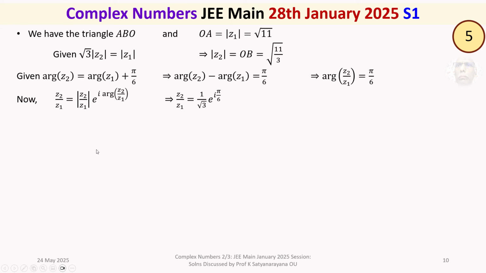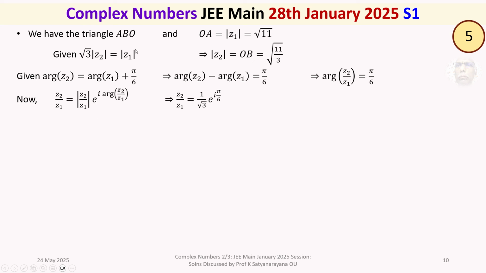You see, in the polar form, z is equal to mod z into e to the power of i theta, where theta is the argument of z. That's what we have used here. So this is Z2 by Z1.